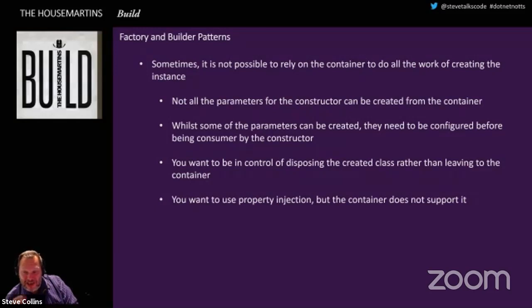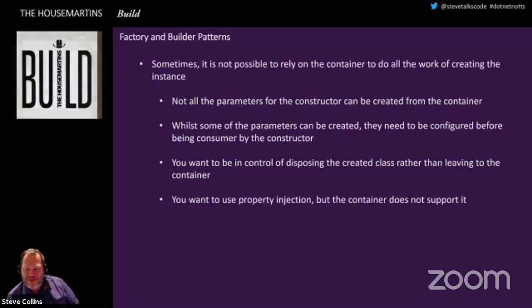While some of the parameters can be created, they may need configuration before being consumed by the constructor. Now, right back at the start, I said property injection is supported by some of the containers. That possibly may be where a property injection may be required. So I've been doing some work recently trying to write a shim over the ASP.NET membership provider from ASP.NET 2.